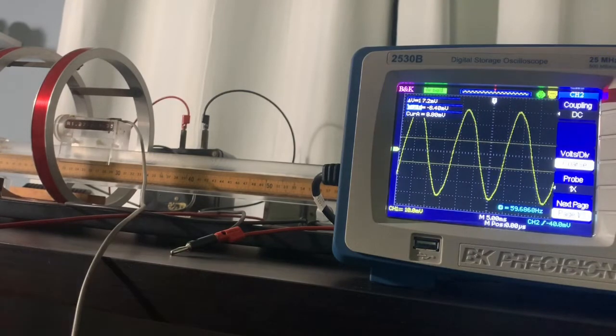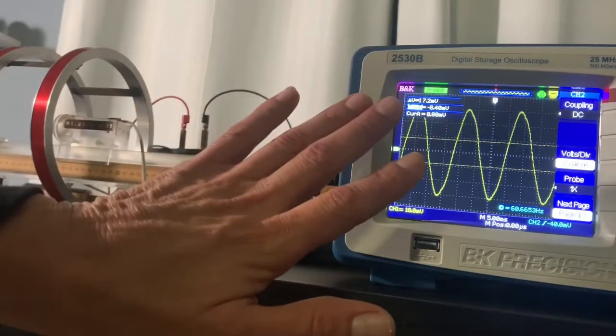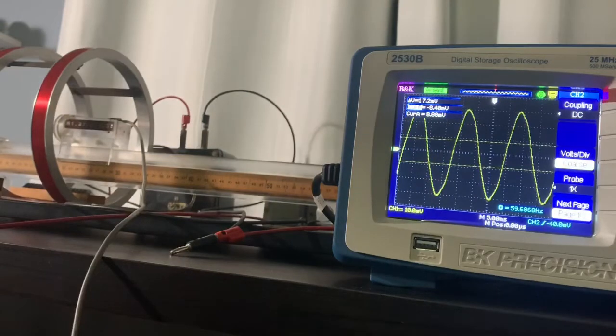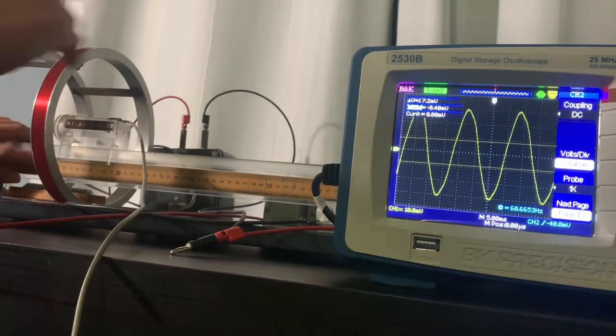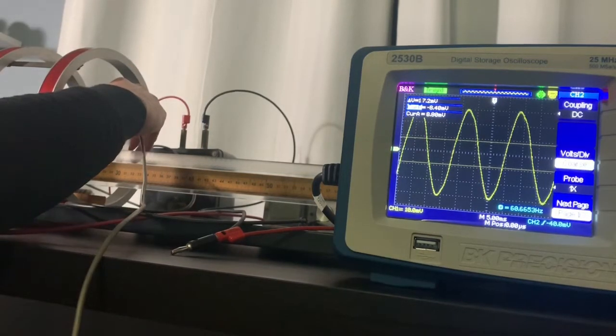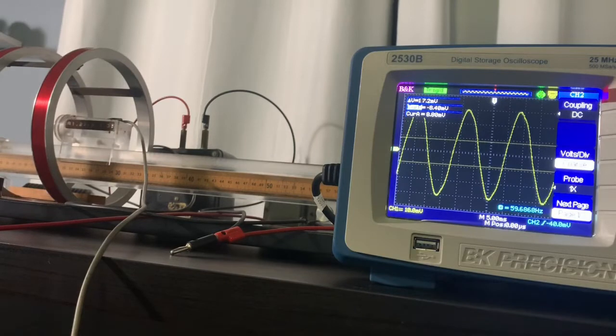Let me scale the voltage reading in our pickup coil. And as I said before, the base of our surge coil is at 21.1. Now it's at 21.1.